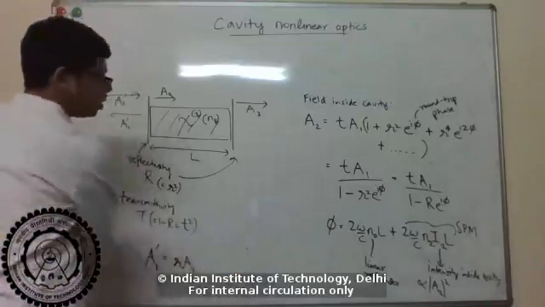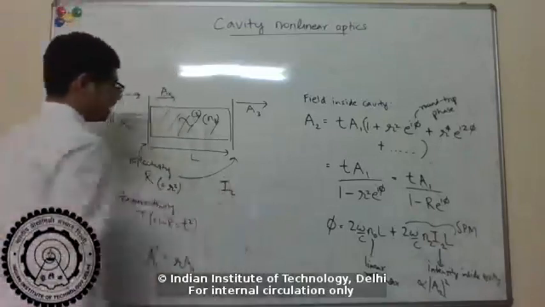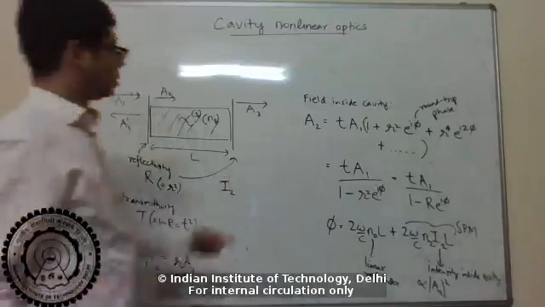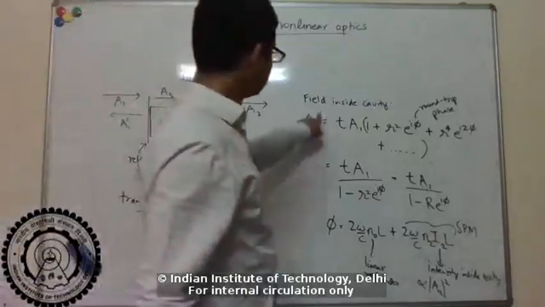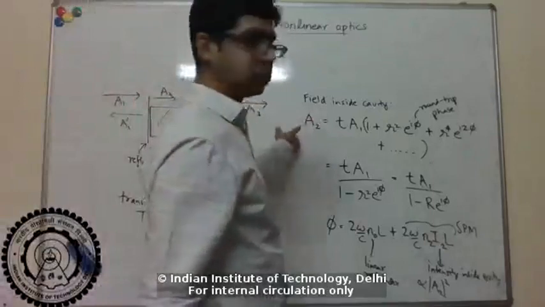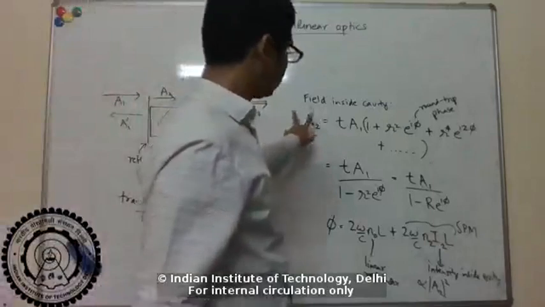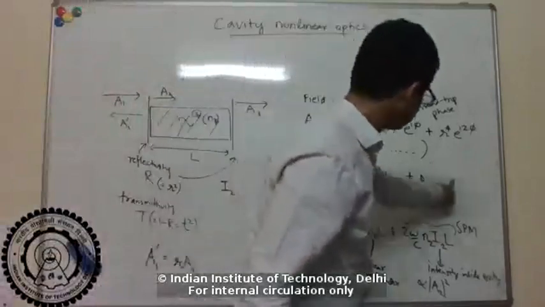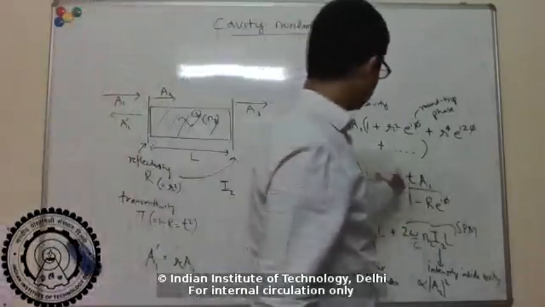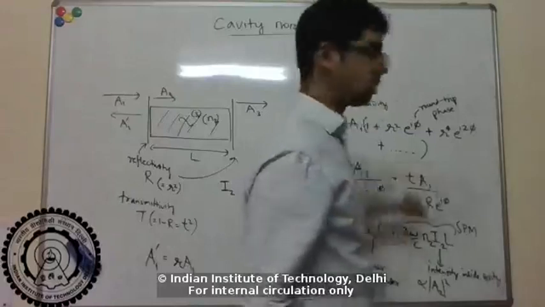So now, let's say we want to see what is the intensity inside the cavity. That's proportional to mod A2 square, with some constant multiplication. So we can take the mod square of this, and that constant which comes outside can be absorbed into mod A1 square.